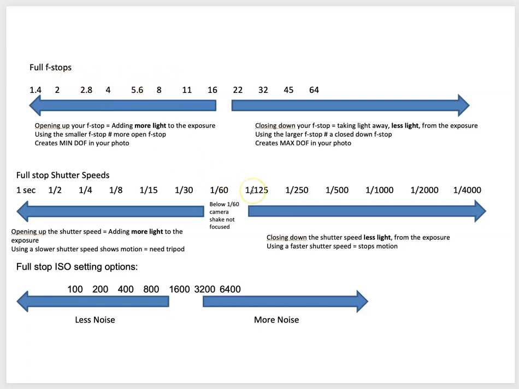You would then need to close down your shutter speed 1, 2, 3 to get the right exposure, because you're letting more light in, so you need to let less light in. And another thing that controls this is the ISO settings that you might use.